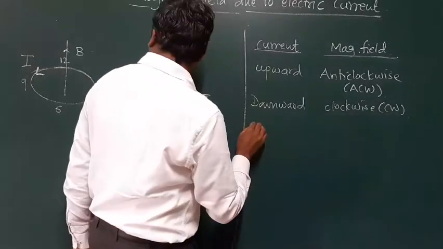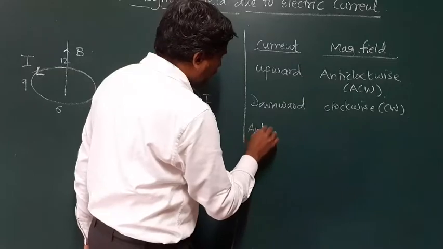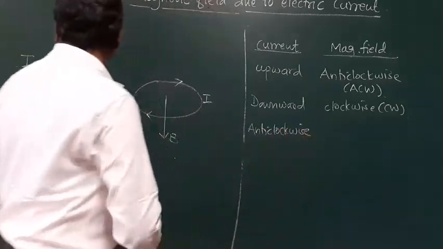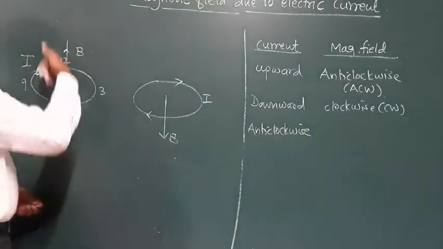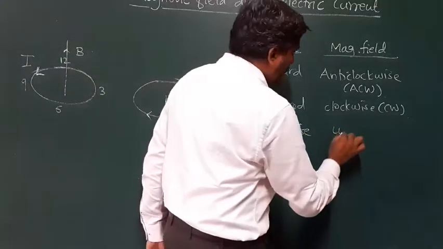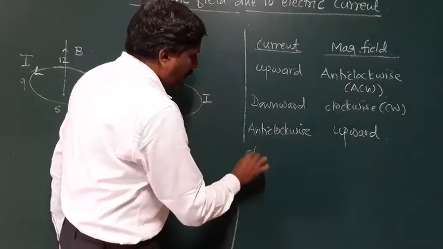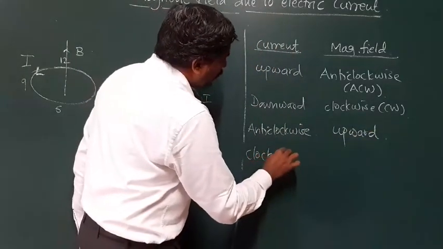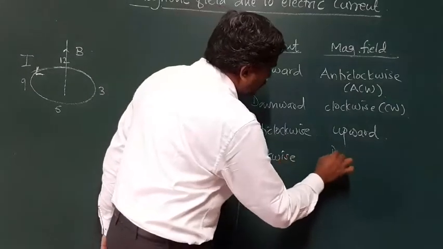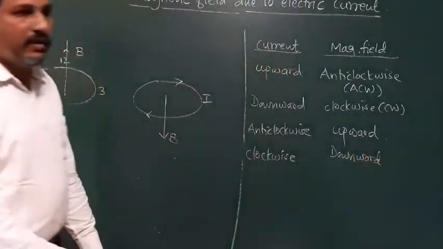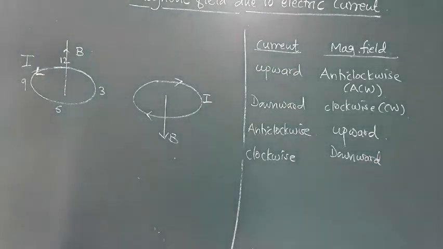If the current is in anti-clockwise sense, then the magnetic field is in upward direction. If the current is flowing in clockwise sense, then the magnetic field is in downward direction.